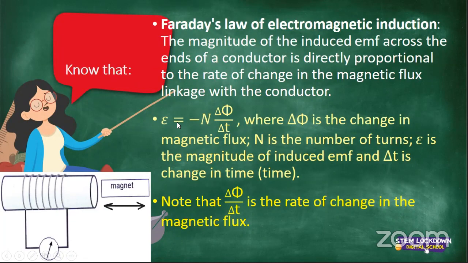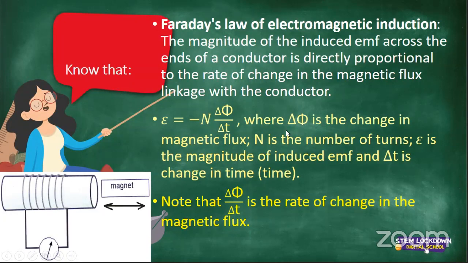So in here we say epsilon, which represents EMF, equals minus N, where N represents the number of turns in a coil, and delta phi is the change in magnetic flux.